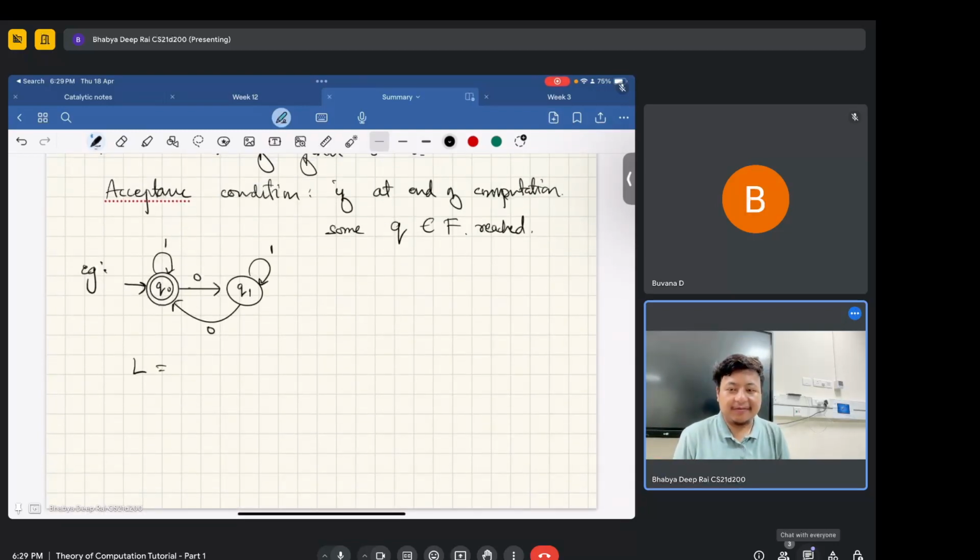Can you tell me the language of this? You can take a guess also. What are the kind of strings it will accept?